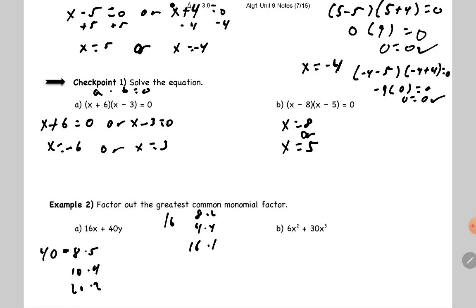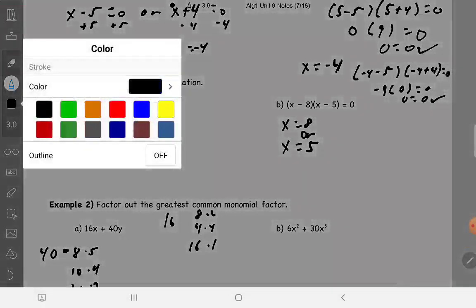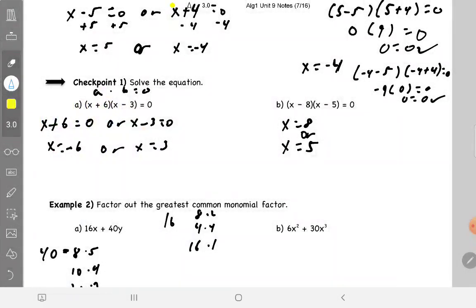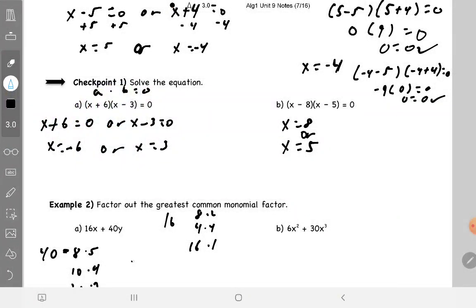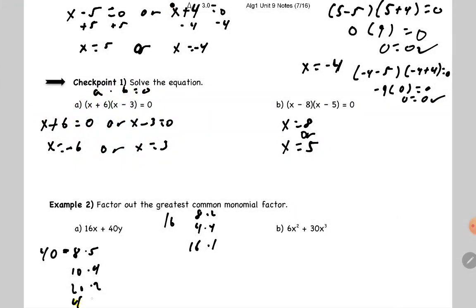What we're looking for is a common factor, the biggest common factor. Am I missing anything else? 8, 5, 10, 4, 20, 2, 40, 1.